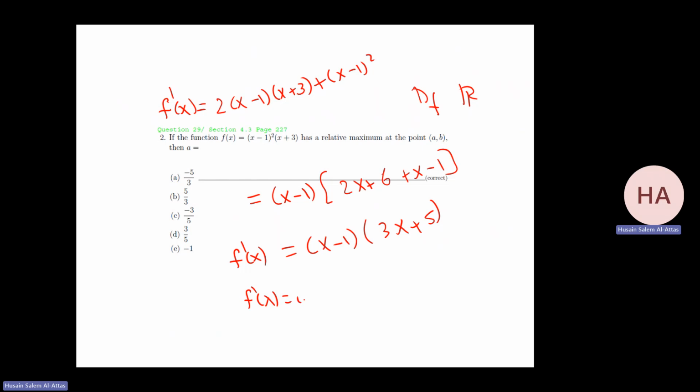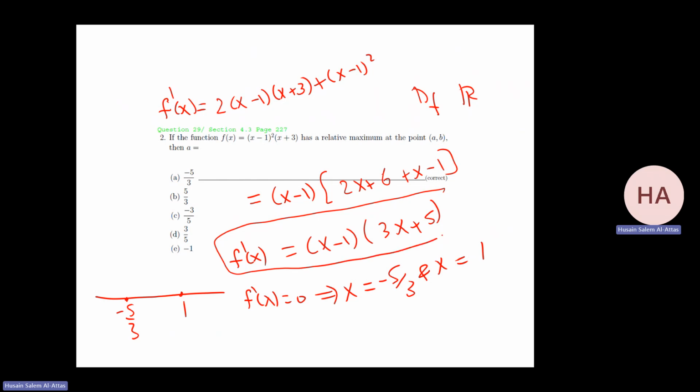F prime equals 0. So I have x equal minus 5 over 3 and x equal 1. Plug them there, minus 5 over 3 and 1. This is my function. Take a value like minus 2. It will be negative times negative, that is positive. Take 0. It will be negative. Take 2.